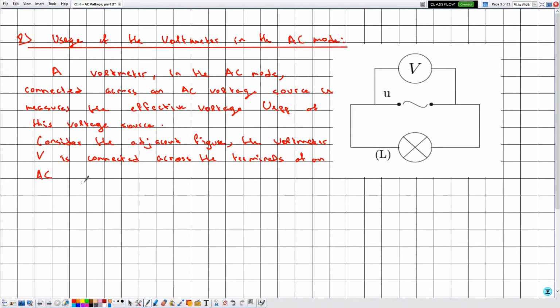In this case, this is not any AC voltage, but rather an AC alternating sinusoidal voltage source.